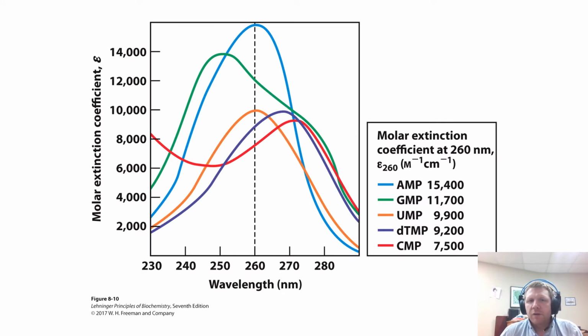One thing that I previously mentioned was how these nitrogenous bases absorb light within a range from 250 to 270 nanometers.